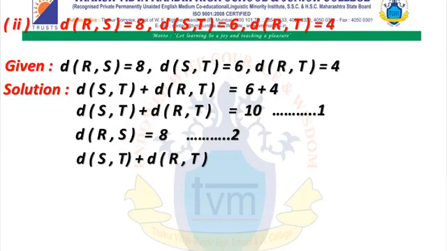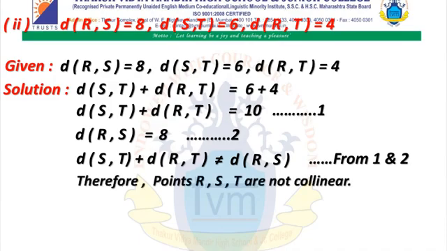Therefore distance ST plus distance RT is not equal to distance RS. This statement we got by comparing equations 1 and 2. And we know that if the sum of two smaller distances is not equal to the greater one, then the points are non-collinear. Hence, points R, S and T are not collinear.